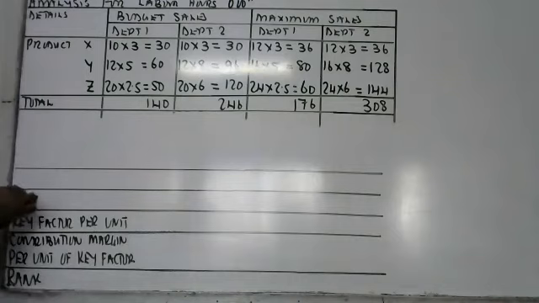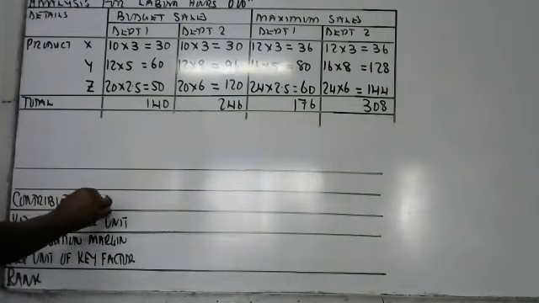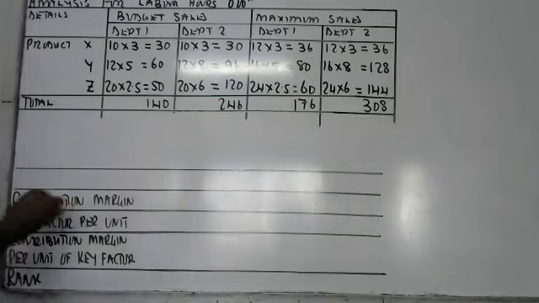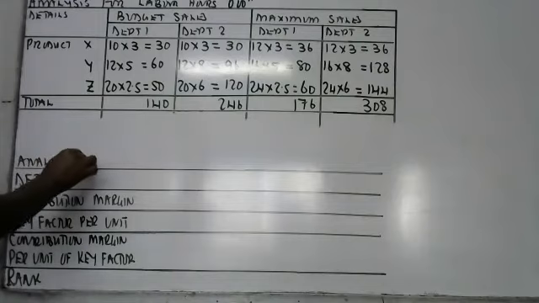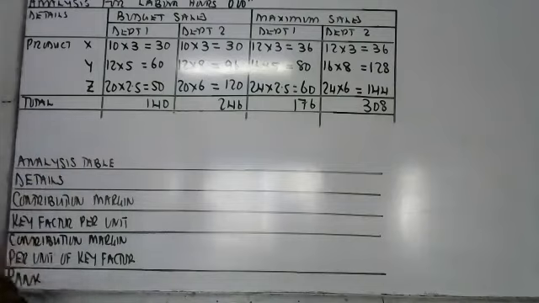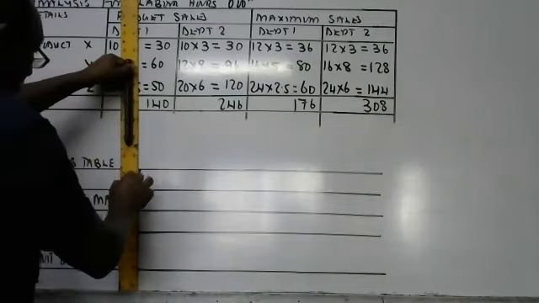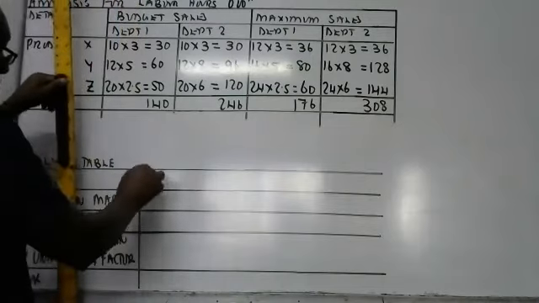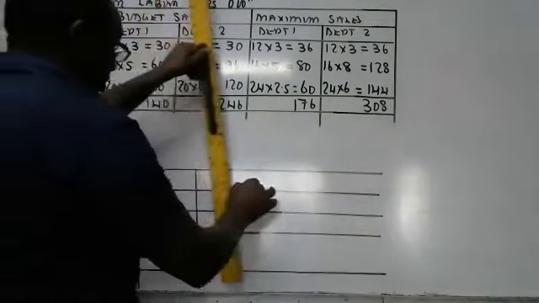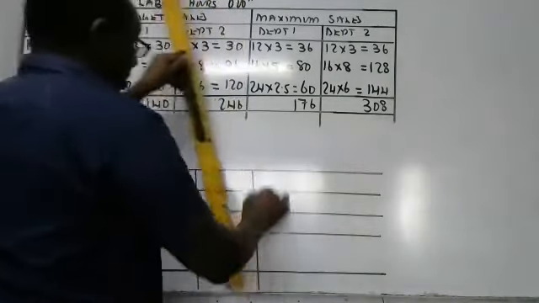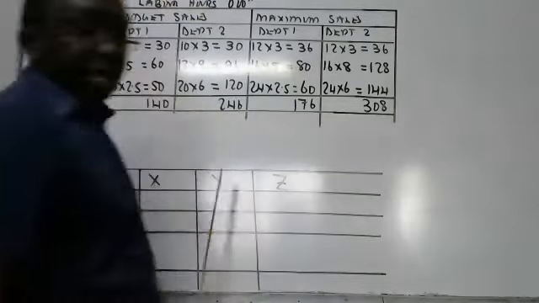Then we have contribution margin. And then this is details. And this one we are calling it analysis table. So we have product X there. We have product Y there. We have product Z.